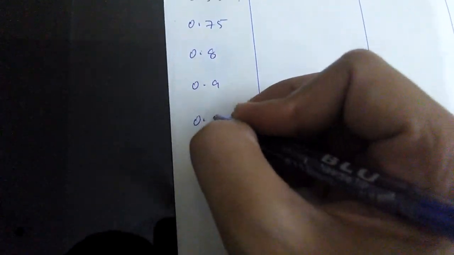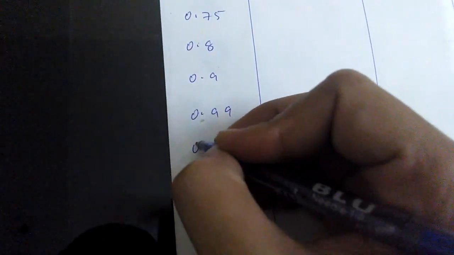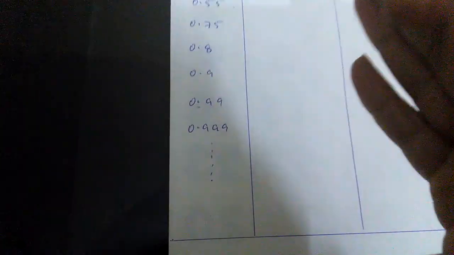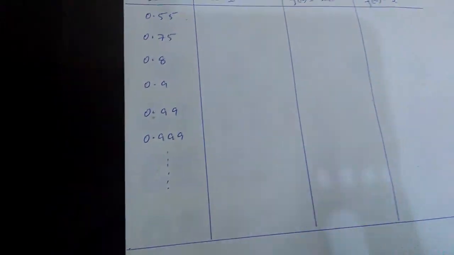So I take 0.55, right, 0.75, 0.8, 0.9, 0.99, 0.999, and so on. It's constantly getting closer and closer to 1 from your left hand side.